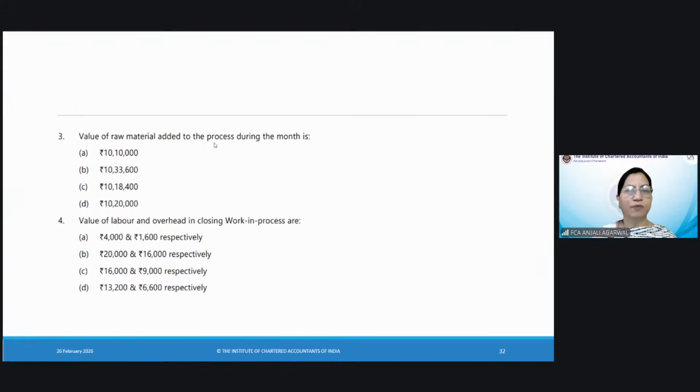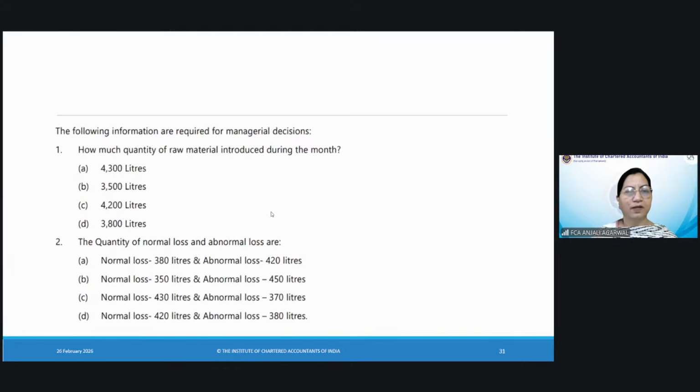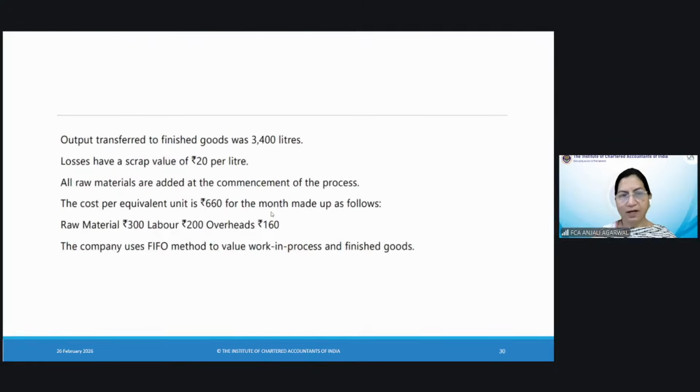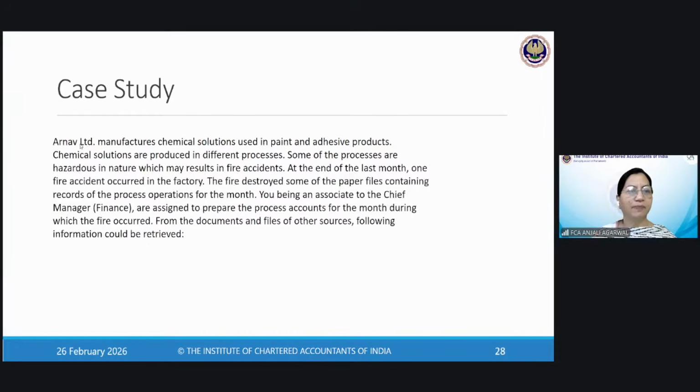What is the value of raw material added to the process during the month? What is the value of labor and overheads in closing WIP? So when you calculate closing WIP, take the equivalent units of labor and overhead and multiply them by the per unit rate of labor and overheads. Okay. So some figures are missing and some calculations are needed. If you are still here, I can take this up.